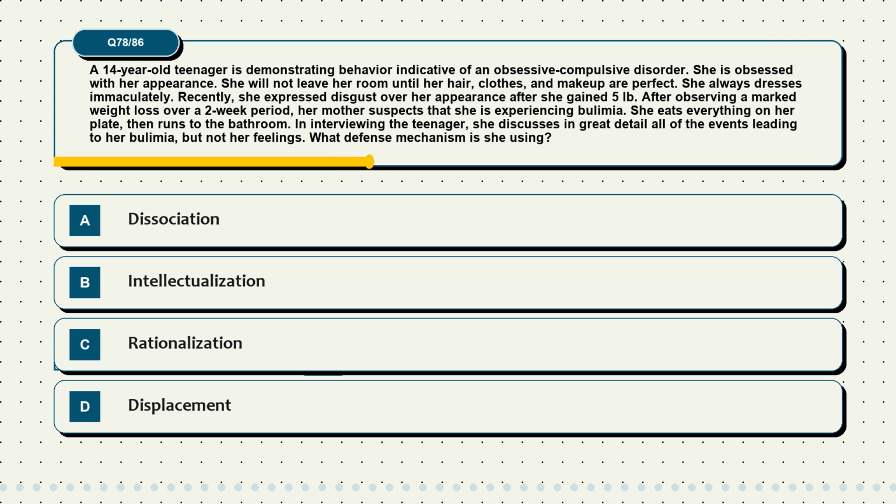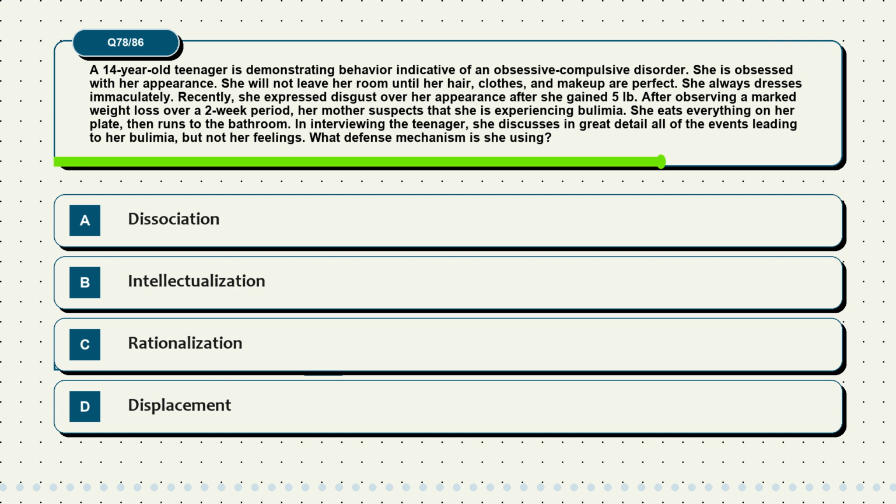After observing a marked weight loss over a 2-week period, her mother suspects that she is experiencing bulimia. She eats everything on her plate, then runs to the bathroom. In interviewing the teenager, she discusses in great detail all of the events leading to her bulimia, but not her feelings. What defense mechanism is she using?